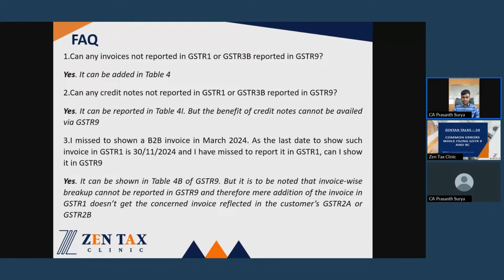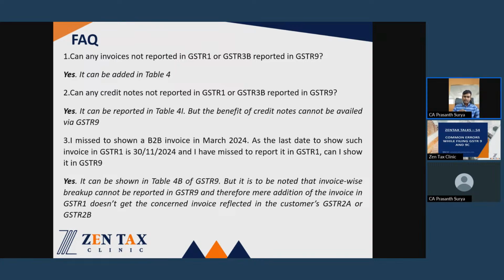In that case, it's a good argument to say that we have already reported in GSTR9, so we did not intend to underreport any transactions. But please note that if you are reporting any liability, immediately pay it in DRC03 also, because if there are any differences, notices come straight away. So please don't forget to file DRC03 on the additional payment.